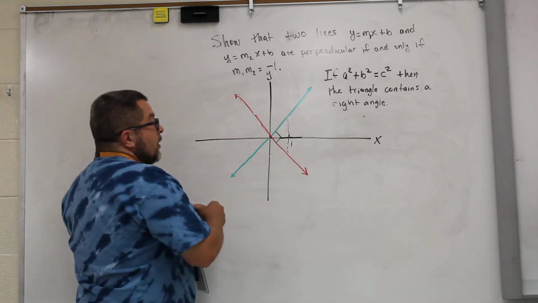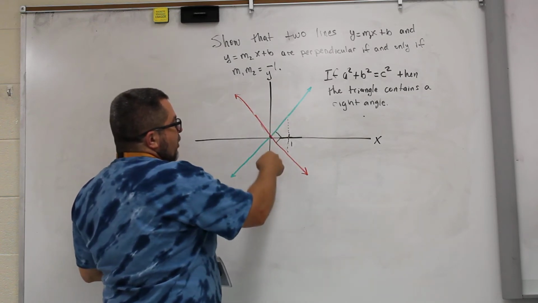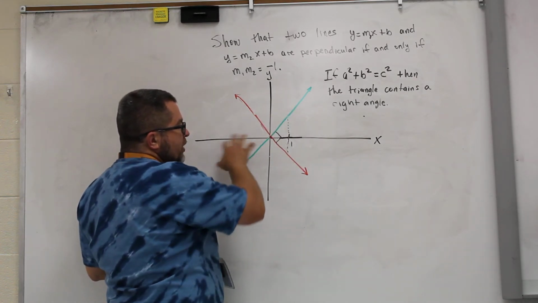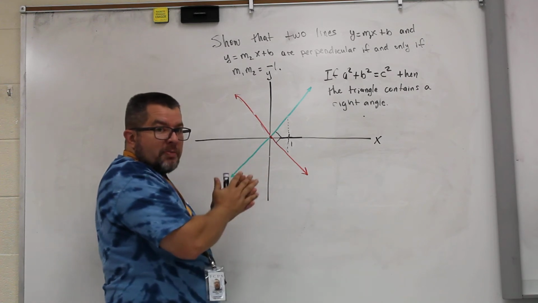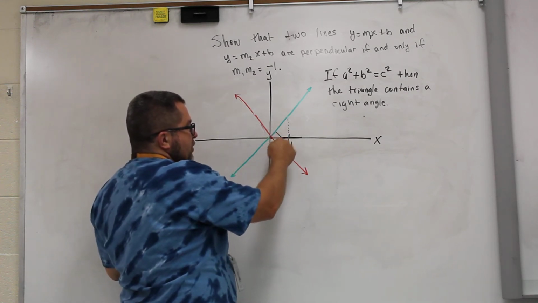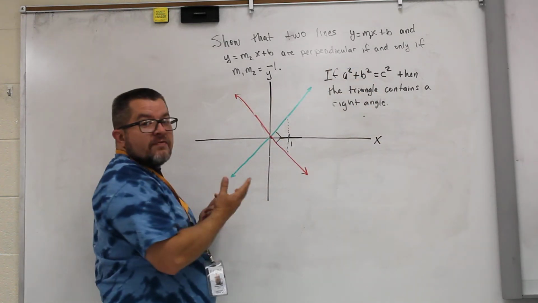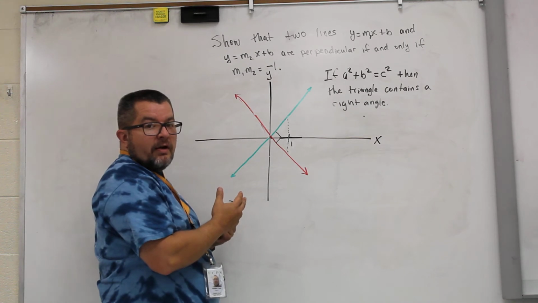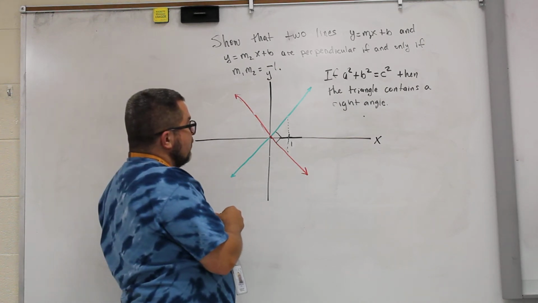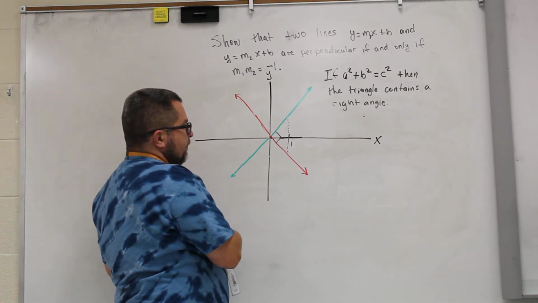So the way we're going to set it up is we can draw any two lines. Here I've got a red line and a green line, but we can draw any two lines that are perpendicular on our graph. Okay, and we're going to make them perpendicular so that they've got a right angle. It can go anywhere, but for the sake of simplicity with the algebra that's going to be involved, we're going to make them cross at the origin.